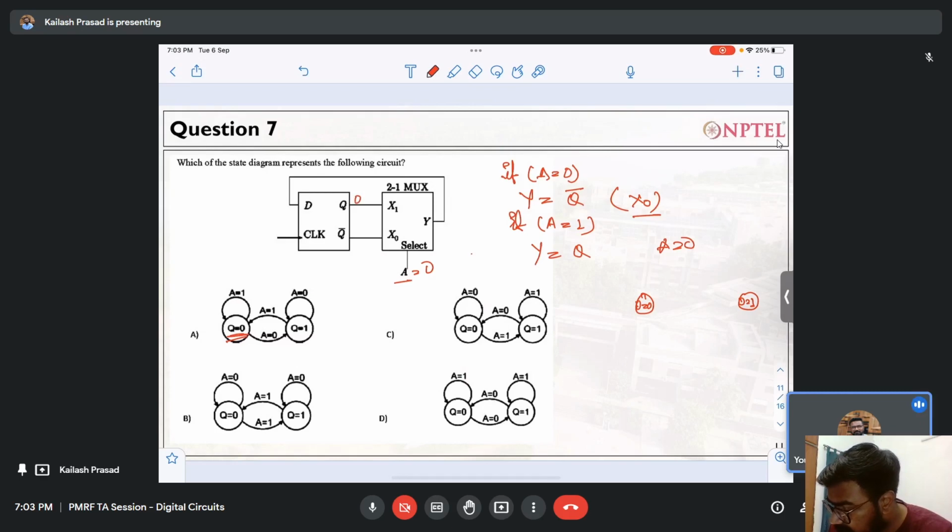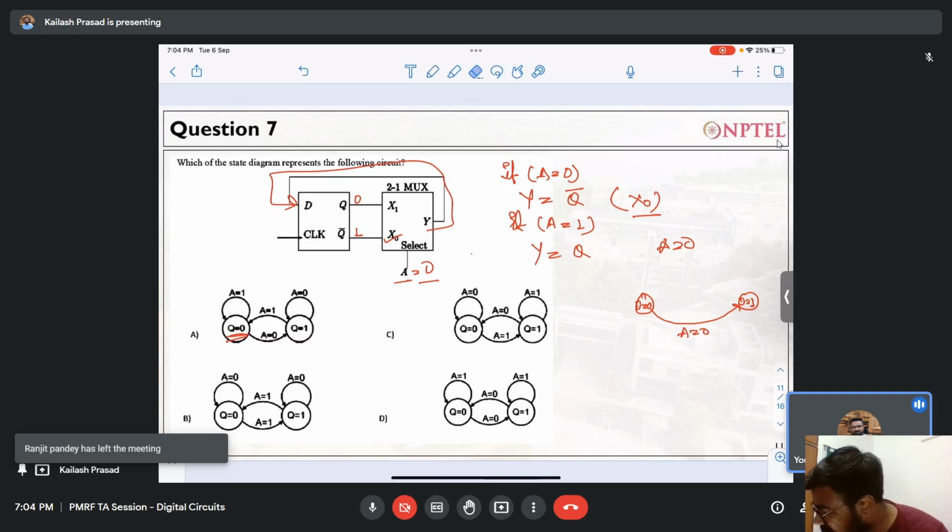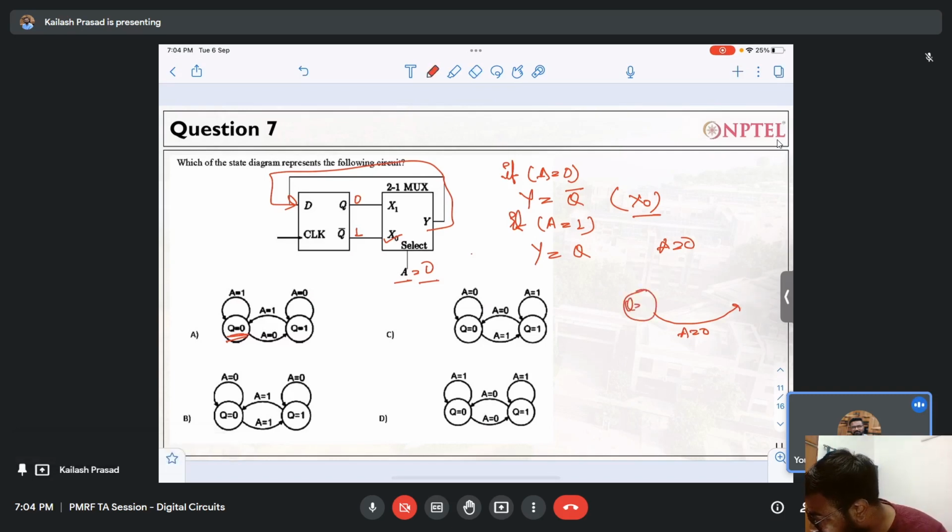Because this was 0, this was 1. So if A is 0, this node will be selected and this will go over here. So it will try to make q equal to 1. So whenever q is equal to 0 and A is coming 0, the q will become 1. I hope this is clear to you guys. This is q equal to 0 and this is q equal to 1.